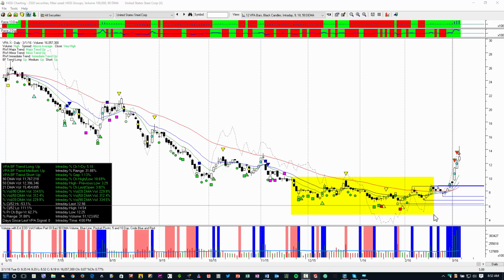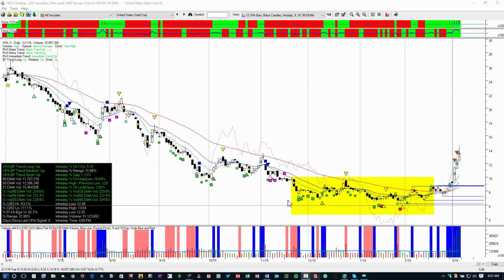Well, this is what's called building a cause in Wyckoffian terms, because it's building a base, but you're not waiting for this stock to show great earnings growth, great relative strength, and so on. What you're seeing is an exchange of shares between those who still want out and those who are accumulating.